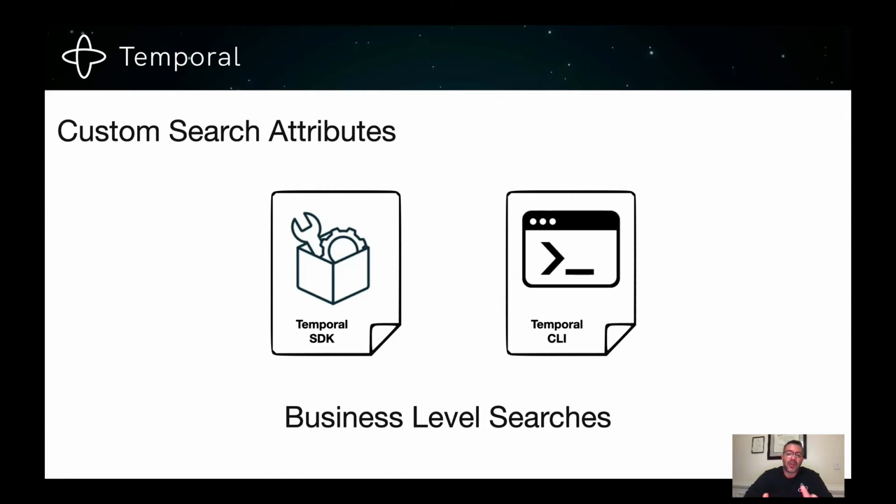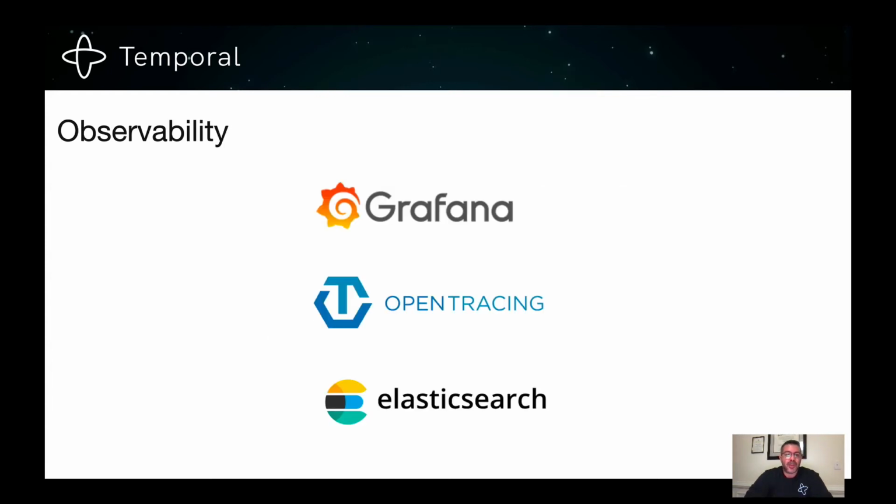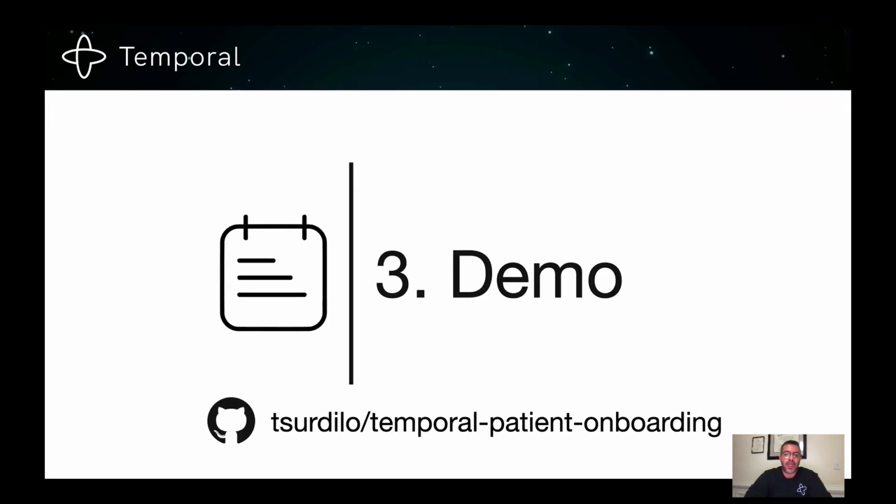So we can define fine-grained and very important business level searches for our workflows as well. As far as observability goes, Temporal does have integration with things like Grafana, OpenTracing, and Elasticsearch as well.